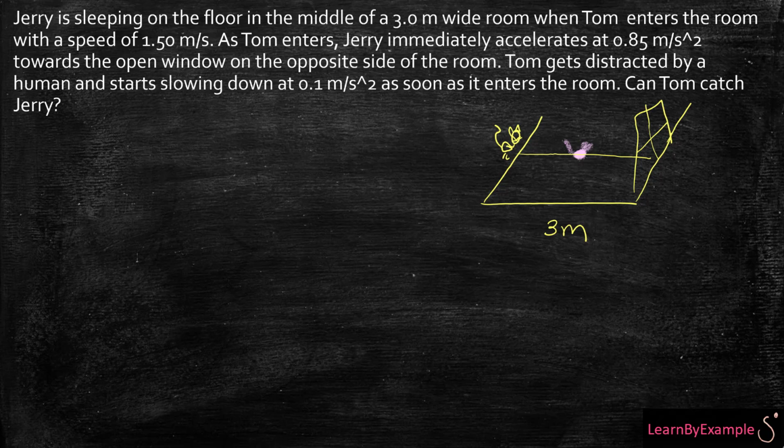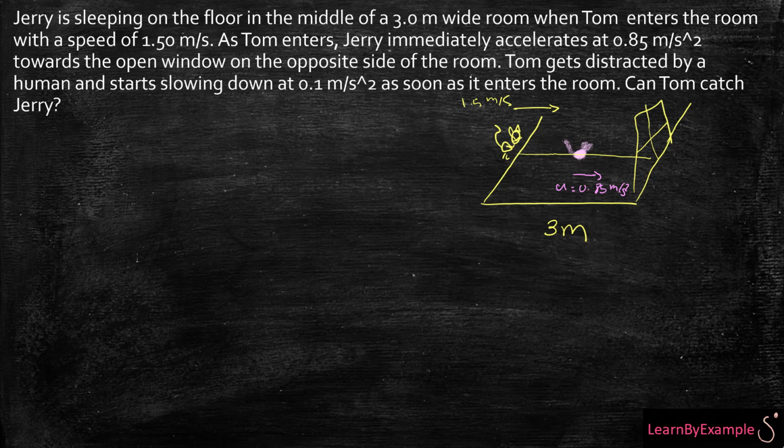Now the acceleration of Tom, sorry, it says that Jerry immediately accelerates at 0.85 meters per second, but once Tom enters, he has a speed of 1.5 meters per second, and then Jerry starts accelerating here at 0.85 meters per second squared.